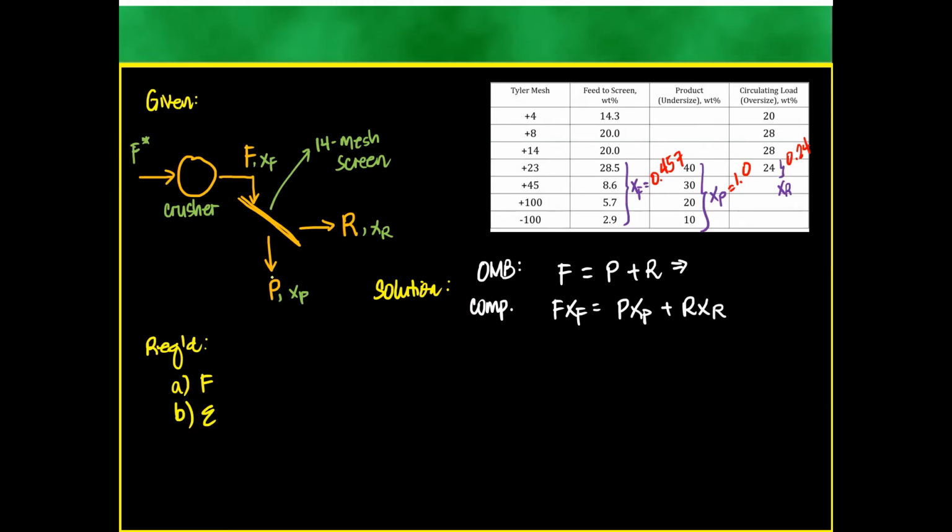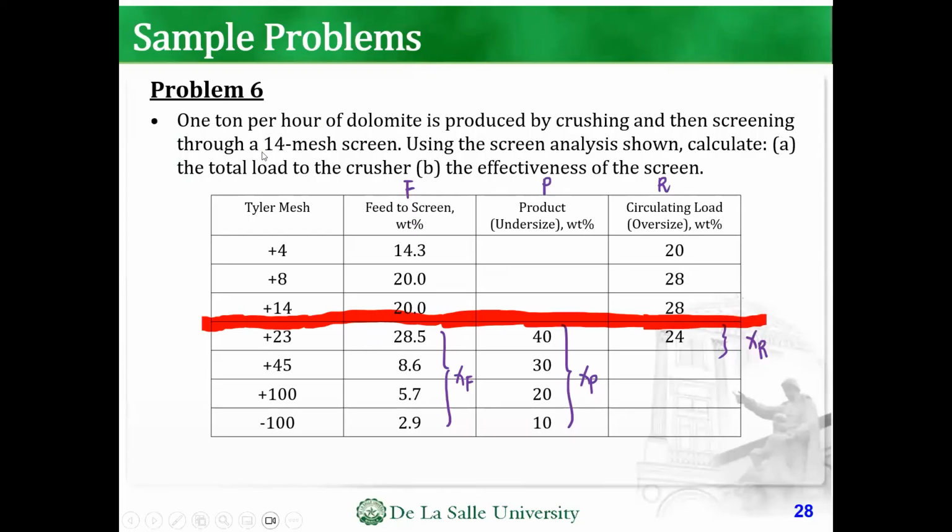Is that letter F or letter P? Read the problem carefully. Should that be letter F or letter P? Try understanding the problem carefully. What do you think is the 1 ton per hour?